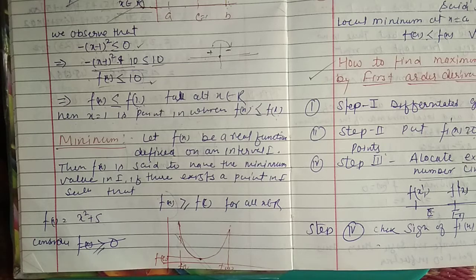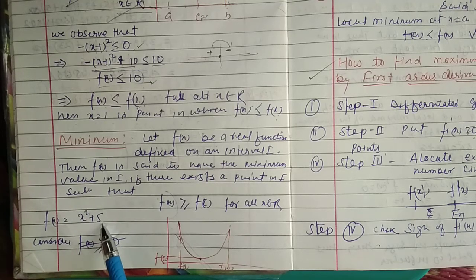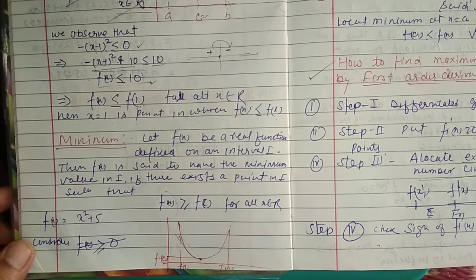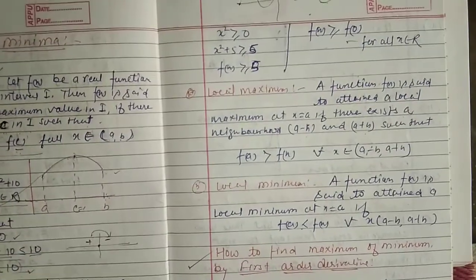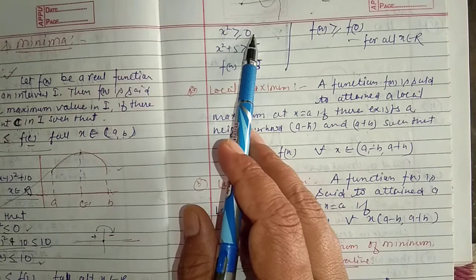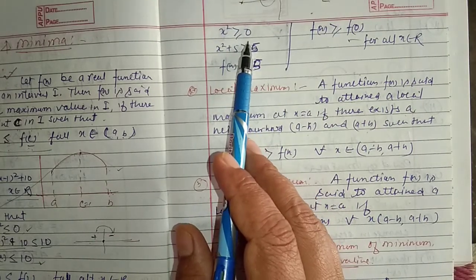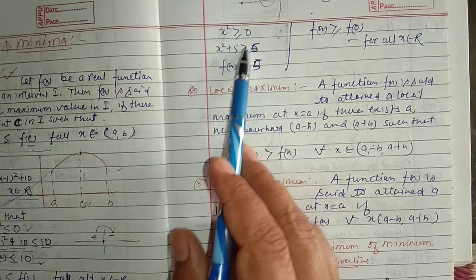In that case the function always remains greater than its value at that point, both before and after it. Clear? We have the function f(x) = x² + 5. We know that x² is always greater than or equal to 0.